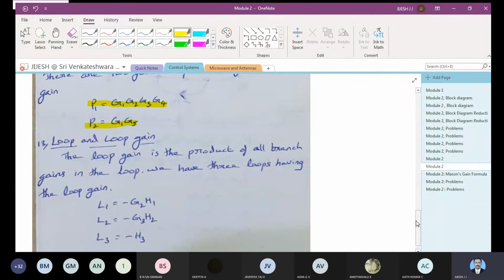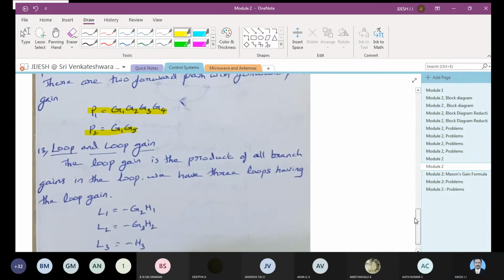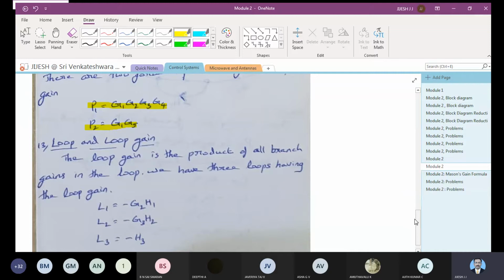Are you able to track L1, L2 and L3? You write these things, then I will go to the figure and explain it once again for you. Are you able to write L1, L2, and L3?